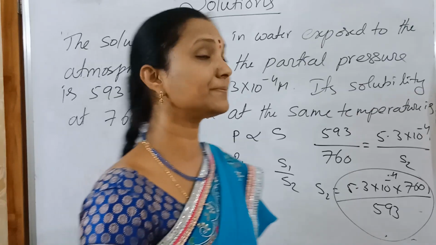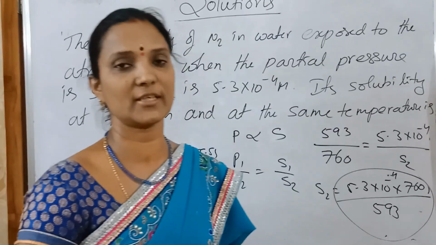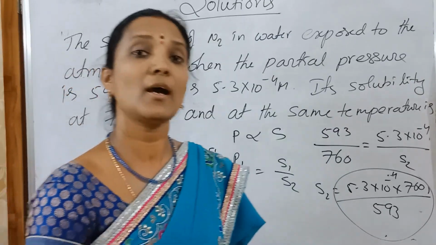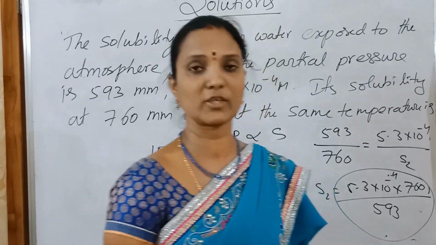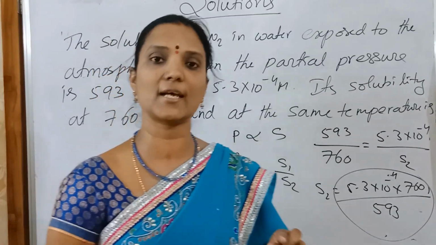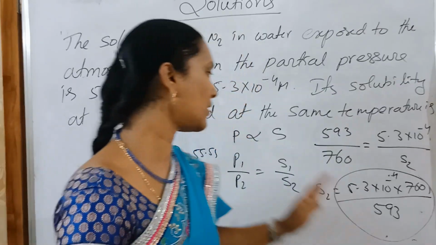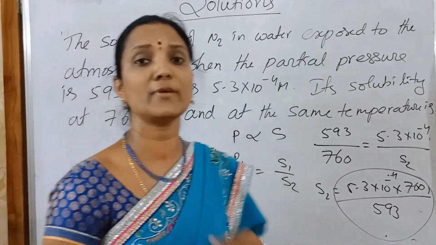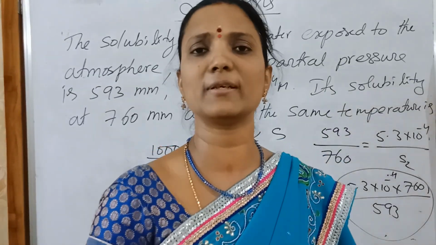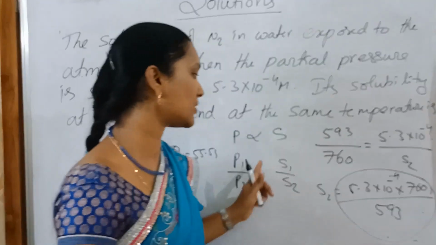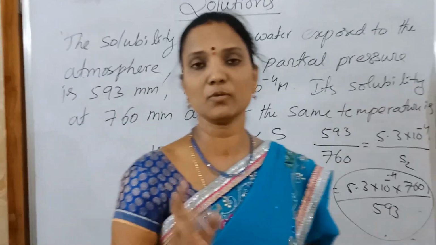So now, if partial pressure is given, how do we find the mole fraction? They may ask directly for the mole fraction, or the number of millimoles, or the amount, or the ratio. Anyhow, the formula we use in any Henry's law problem is the simple formula: partial pressure is equal to kH into mole fraction.